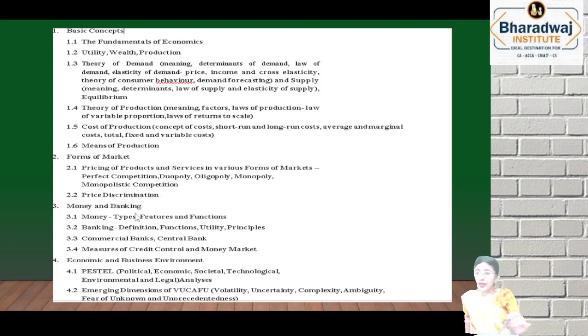Then money and banking starts your macro, isn't it? Central bank, commercial banks, money market, financial institutions. All this we have seen elaborately. And under business environment, PESTLE and more. It's not just that, right? So this is what is carrying 70 marks.